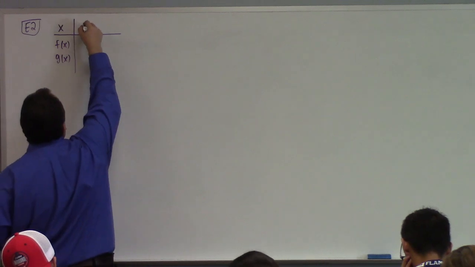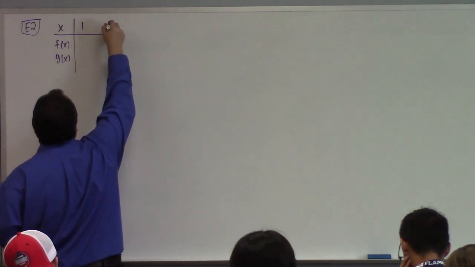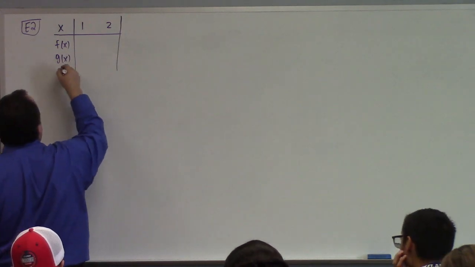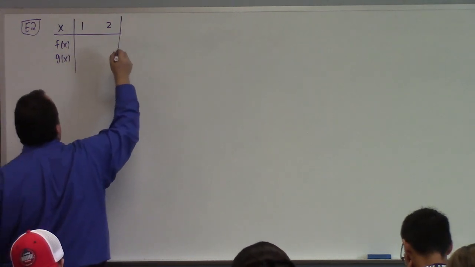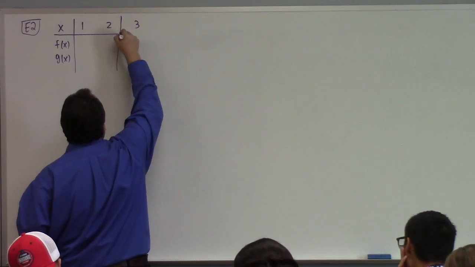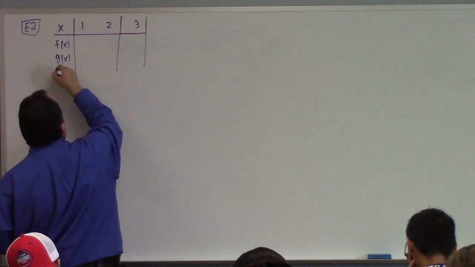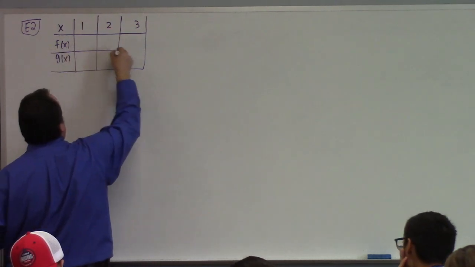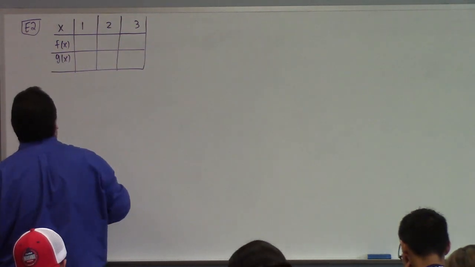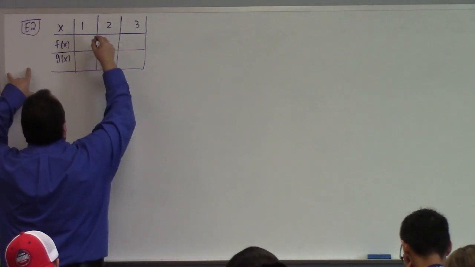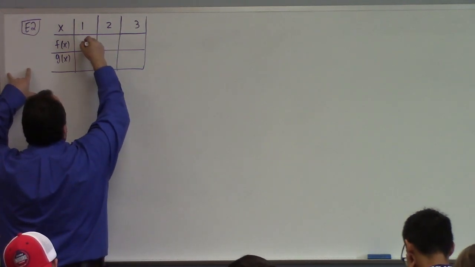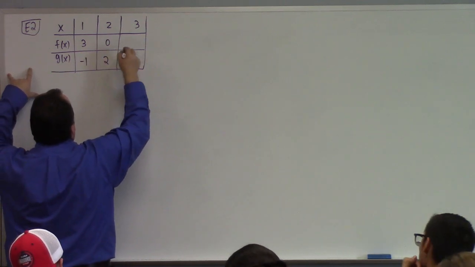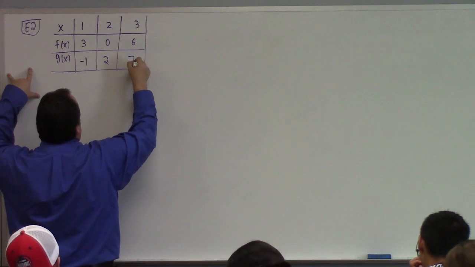We can have 1 here, and I could have 2 here, and I guess I could put a 3 over here. And I could fill in some values here, like, I don't know, 3 and -1 and 0 and 2 and 6 and 7.